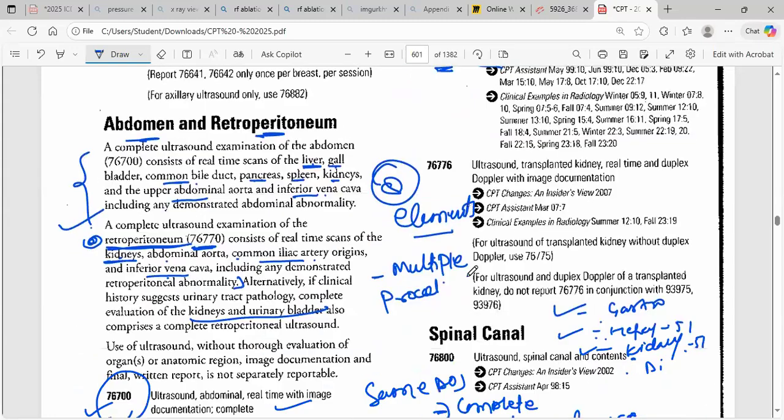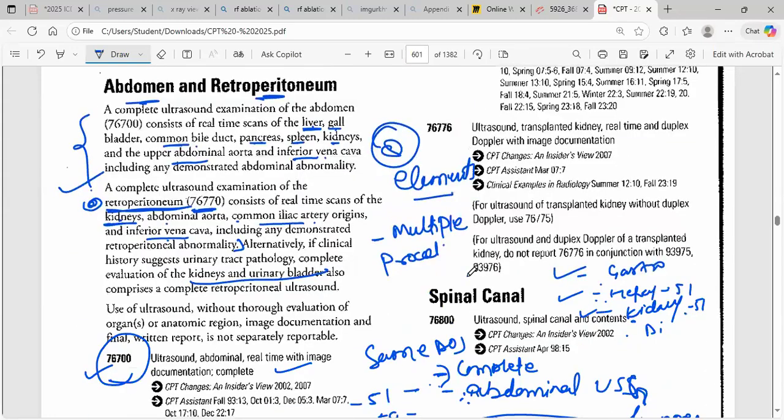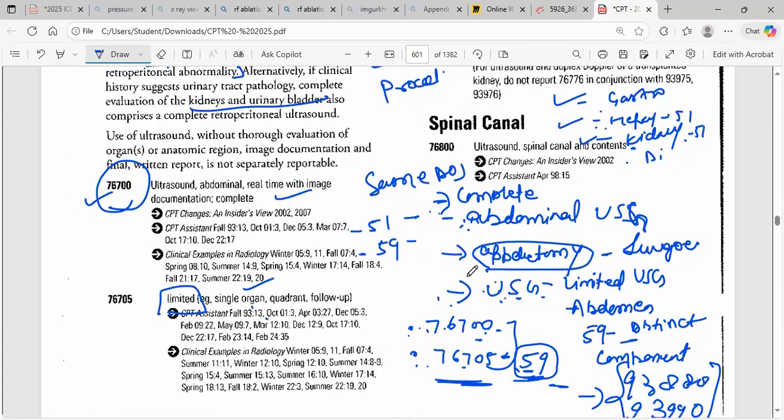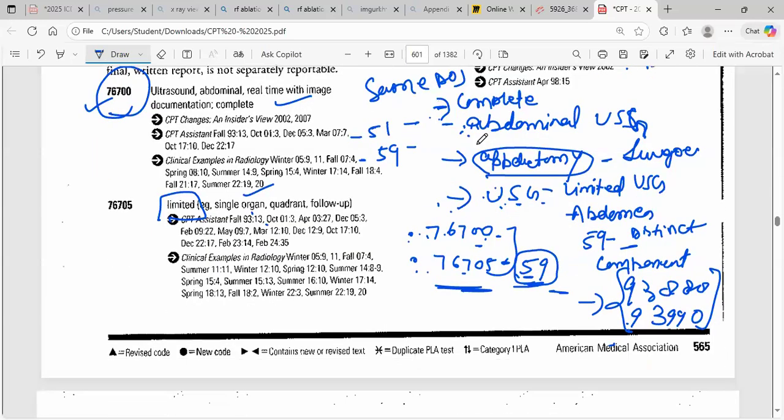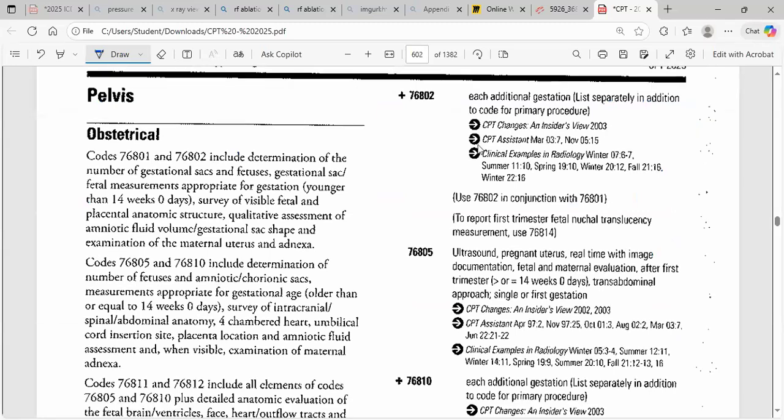Okay, let's move further for the pelvic ultrasound. Next section we have, I'm skipping the spinal because we just have one code in the spinal. Next we have the pelvis.